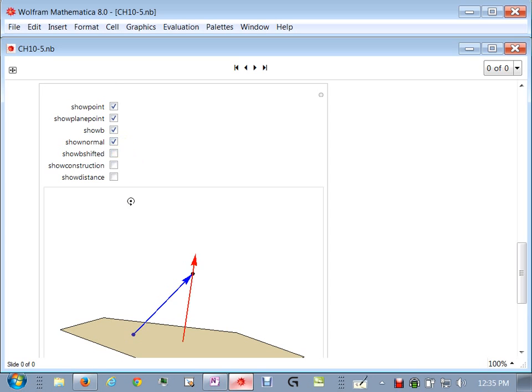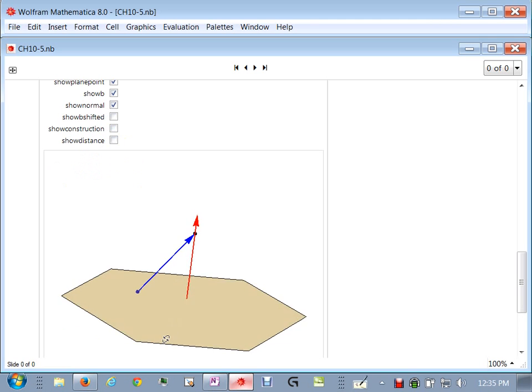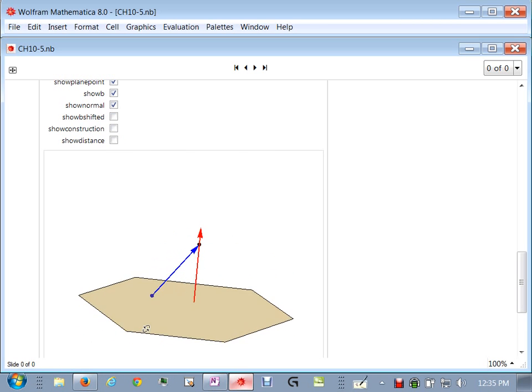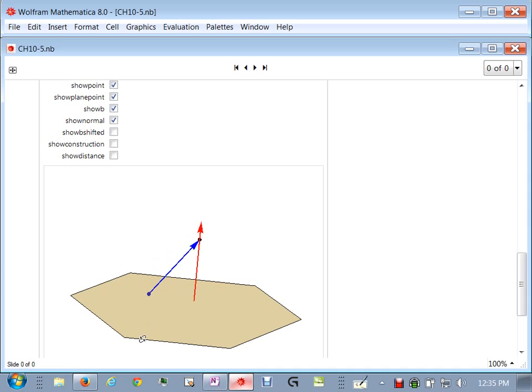Then we have a normal vector for the plane, don't we? That normal vector does not need to go through that point, right? The point I'm trying to find, it does not need to go through that. The normal can be anywhere. But because it's a vector, I could slide it to where it points straight up to that point, can't I? Then I'm going to shift the blue vector over, because it's a vector, and forget that first one was there.